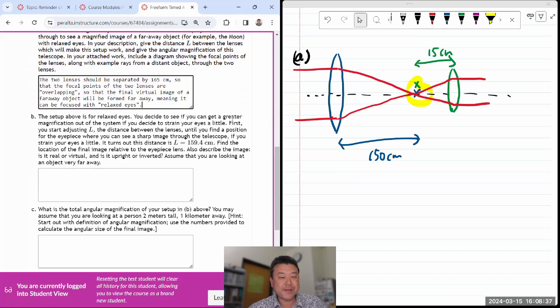You decide to see if you can get a greater magnification if you strain your eyes a little. First, you start adjusting L. Okay, you change the distance. So I think now you're going to be given a distance.